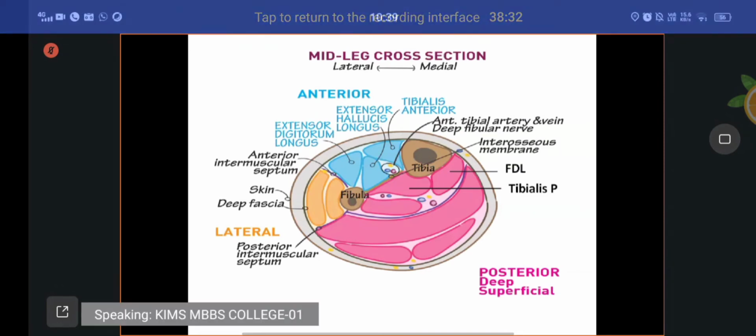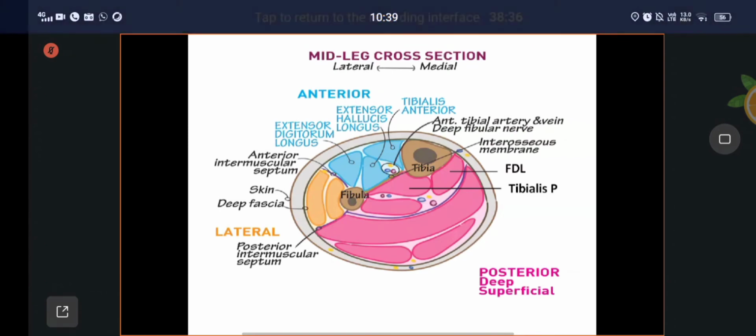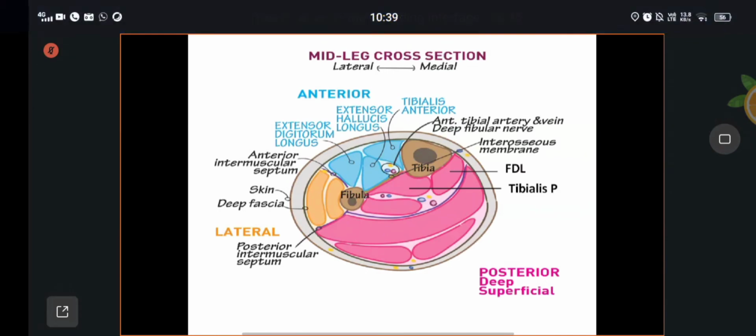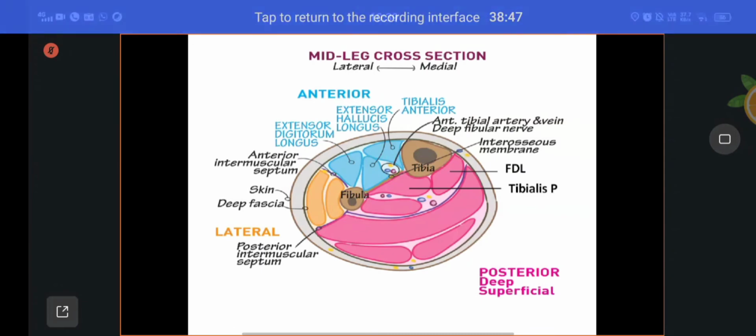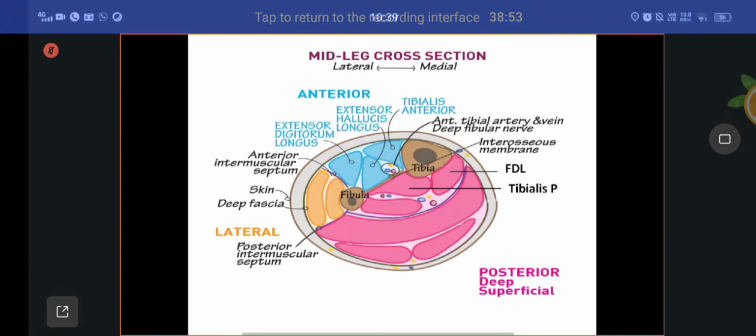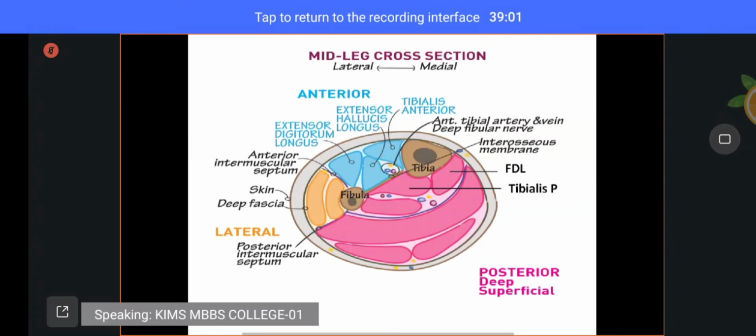But the anterior compartment is also present on the lateral aspect, lateral to the tibia. The most important thing is to see whether the surfaces belong to the anterior, posterior or medial compartment. If you know the surfaces and their relations to the compartments, the attachments of the muscles will be easy.